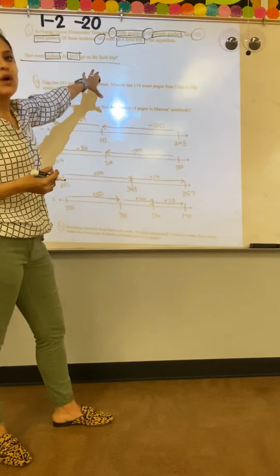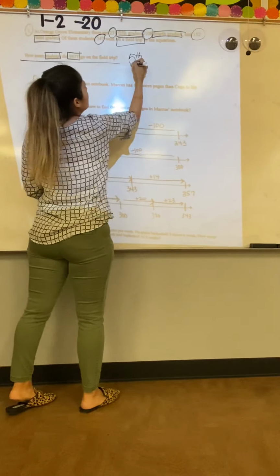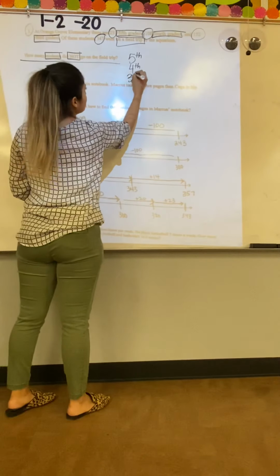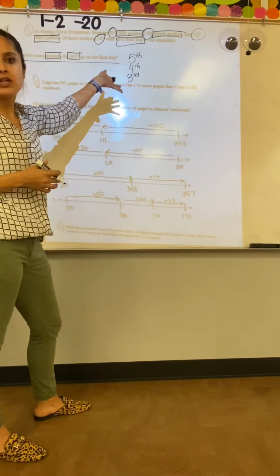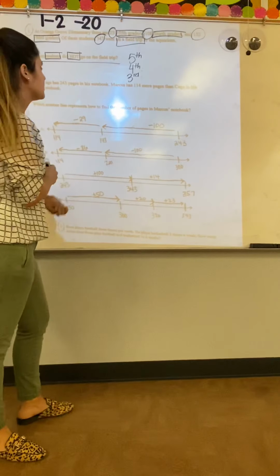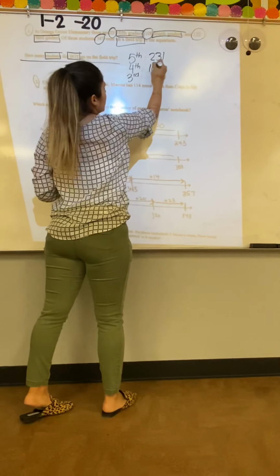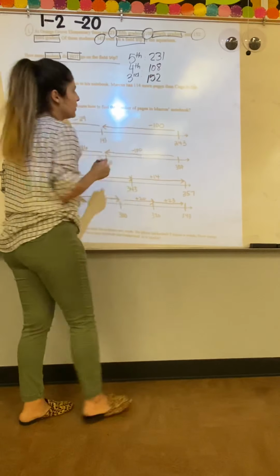Now for this question, we have the amount for 5th, 4th, and 3rd. We don't have to do any math to figure out how much in each grade level. That's given to us. So for 5th grade, we have 231, 4th grade, 108, and 3rd grade, 152 students.